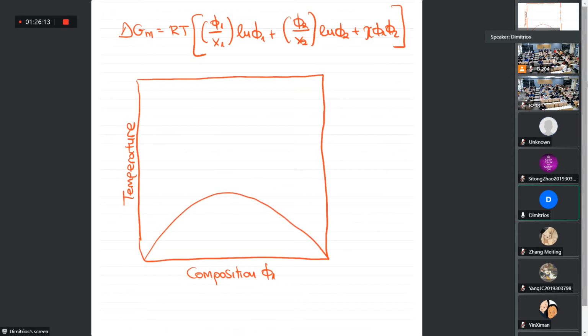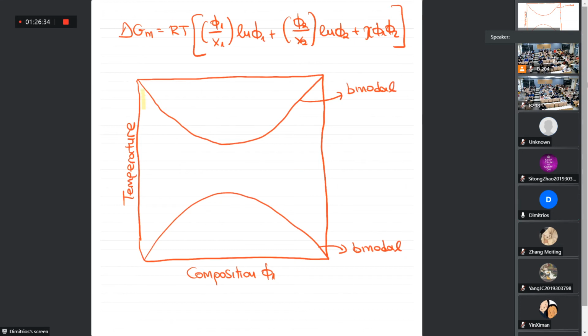The curves that separate the single phase from the two-phase regions are called binodals, okay? This is a binodal, and this is a binodal.